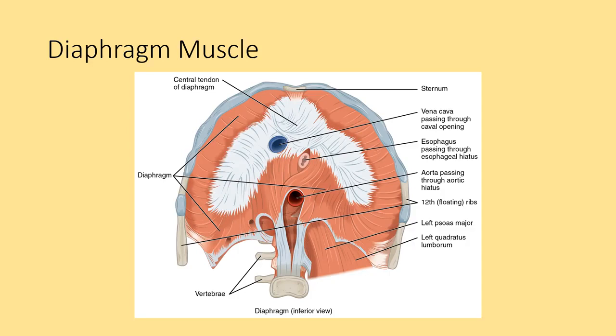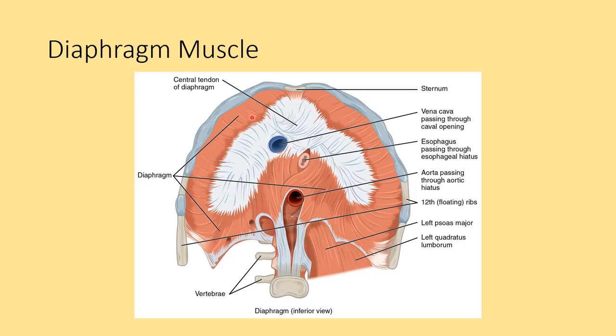There has to be connections. So in this diagram, this is all of the diaphragm. If it's a cross section, looking at it here, this is the front. Here's the sternum, showing your ribs over here. Here is the vertebrae, so your spinal column is going to be here.